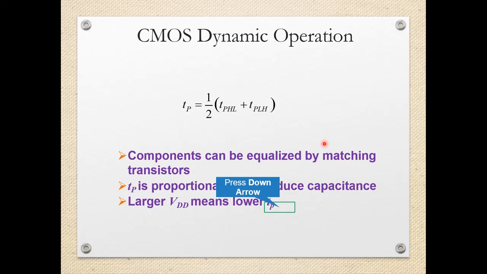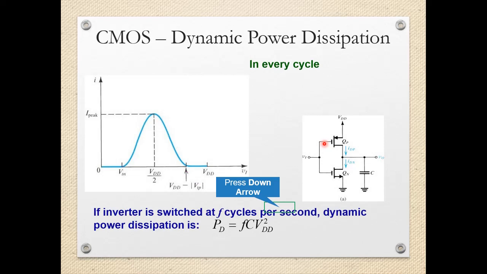So by increasing VDD also we can reduce the propagation delay, and a conflicting requirement exists. Actually we want the power consumption to be as low as possible. If VDD is increased, power consumption will increase, but that will lower the propagation delay, so that will make the device faster. But we want both: we want to reduce the power consumption as well as make the device faster. So there is a conflicting requirement.